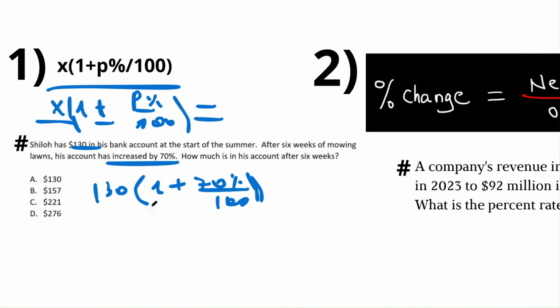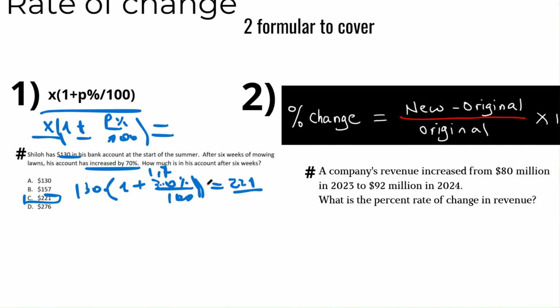We always have to put 1 if we want to find the rate of change in percentages. If we calculate, it will be 1.7. Then if we multiply, we get 221. Our answer choice is C, which means that after 6 weeks, if his account increases by 70%, his money will be 221. This is how we solve these kinds of equations.